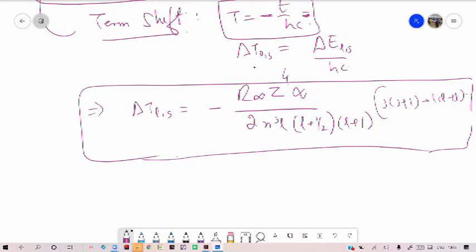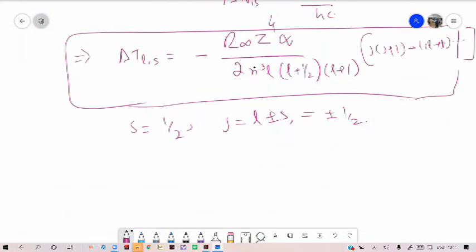Okay. Now, for the hydrogen atom, we have one electron, a hydrogen-like atom, so s is 1 by 2, and j is l plus minus s, which is equal to l plus minus 1 by 2. Simply, I will take it l plus minus 1 by 2. Let it be. We will not treat it as l is 0.